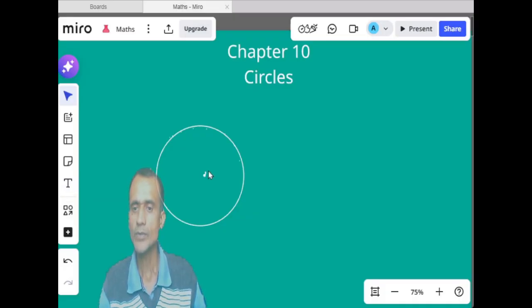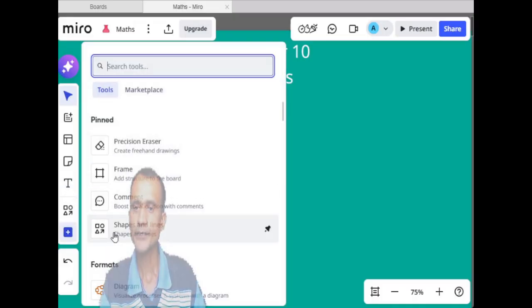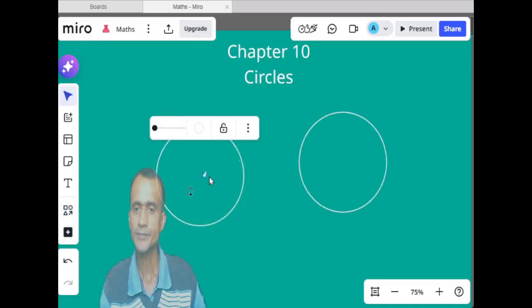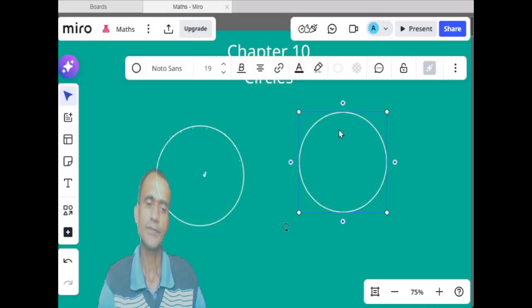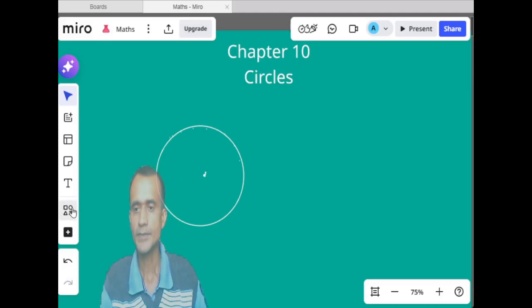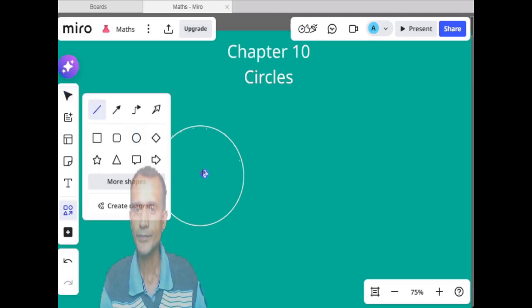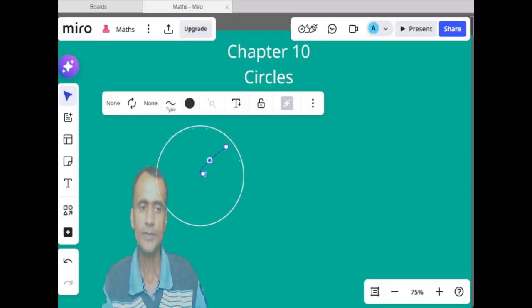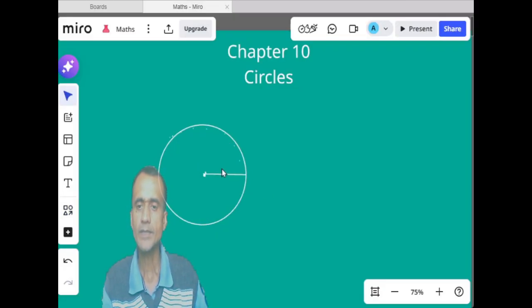The line drawn from the center to the circumference is what? It's a radius. So this line is the radius, and suppose I take some points.